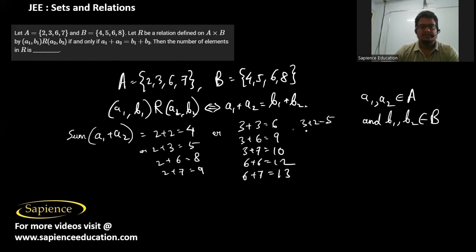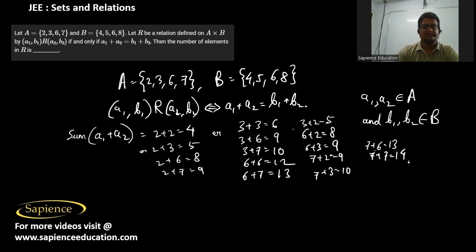Then 6 plus 2, which is 8, 6 plus 3, which is 9, 6 plus 6 and 6 plus 7. Then 7 plus 2, which is 9, 7 plus 3, which is 10, 7 plus 6, which is 13, and 7 plus 7, which is 14.